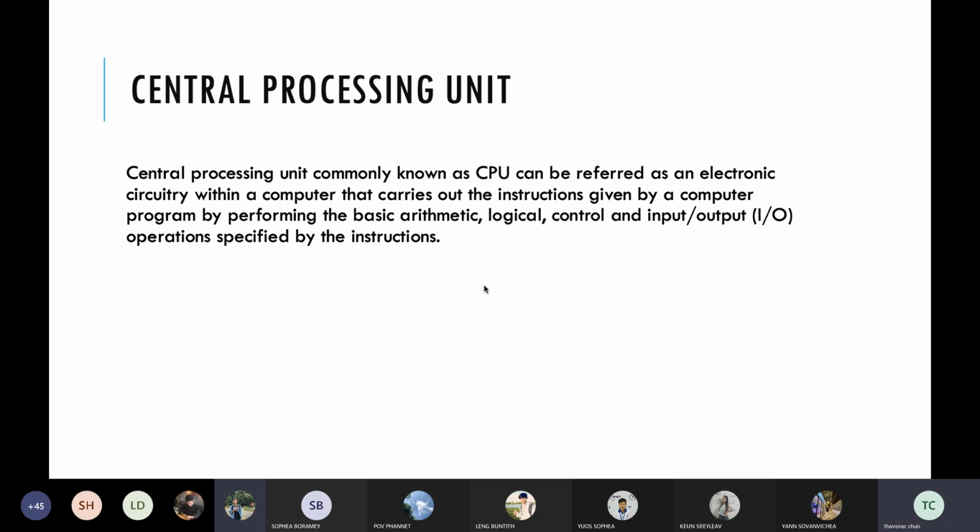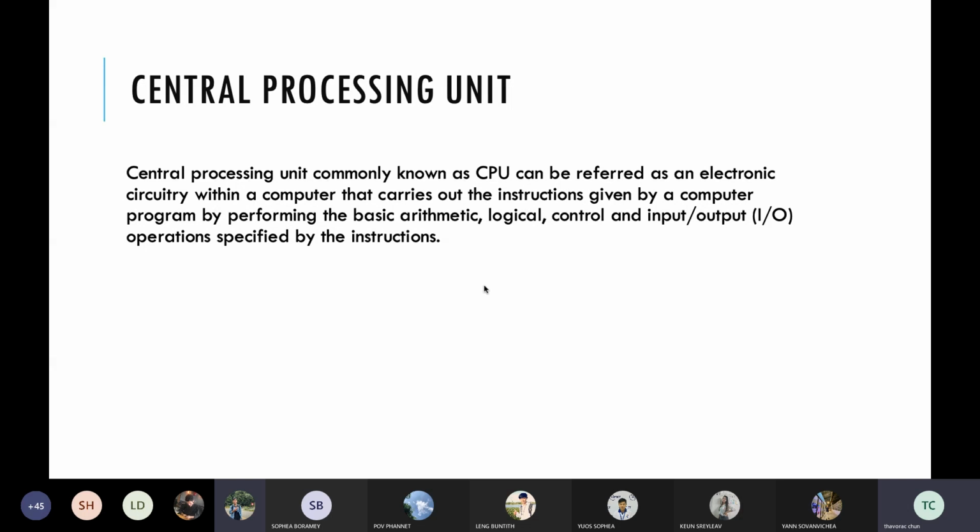The arithmetic operations can be addition, subtraction, multiplication, division. They are all the basic arithmetic operations, and it can also process logic operations such as AND, OR, XOR, NOT, something like that.